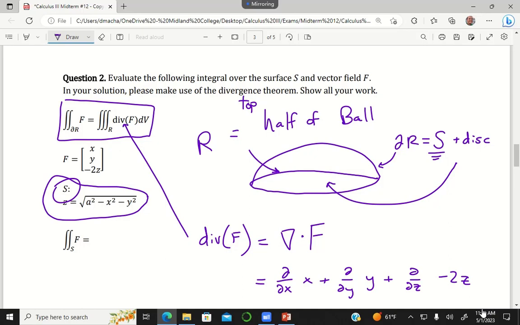If you look at my vector field capital F, this is defining a three-dimensional vector for every point in space. And this vector has a vertical component of negative 2z. So how much it points up or down is going to be negative 2 times its z coordinate.